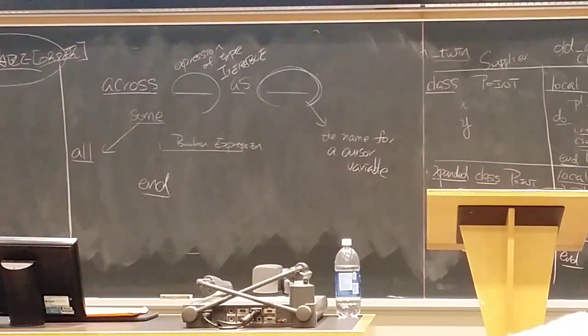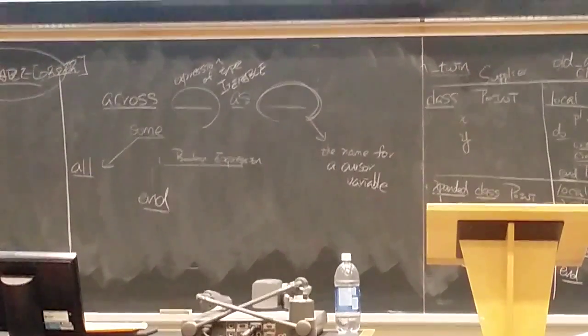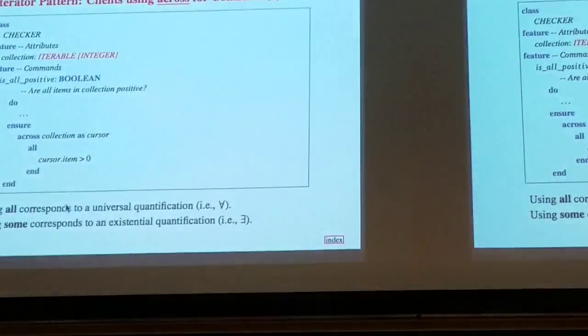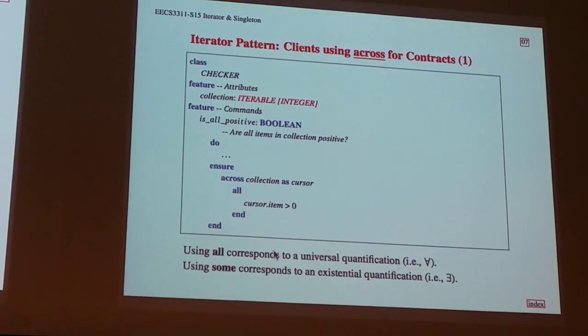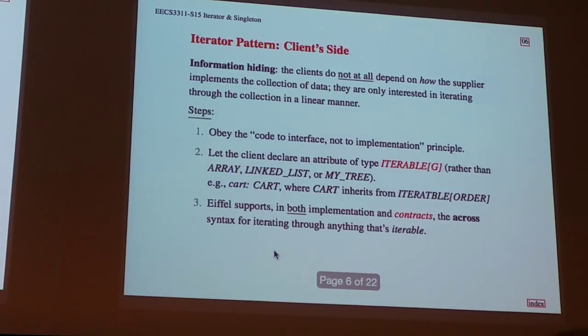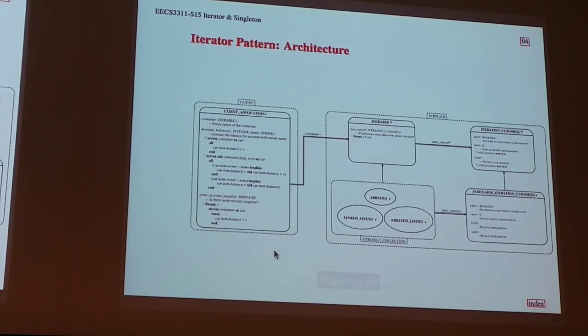Okay, let's see how we use it. So now we're trying to say go across the whole collection, and let's say the cursor that's returned by this iterable is simply called cursor. And what's the type of this cursor? This is very important. It's iteration cursor, actually.